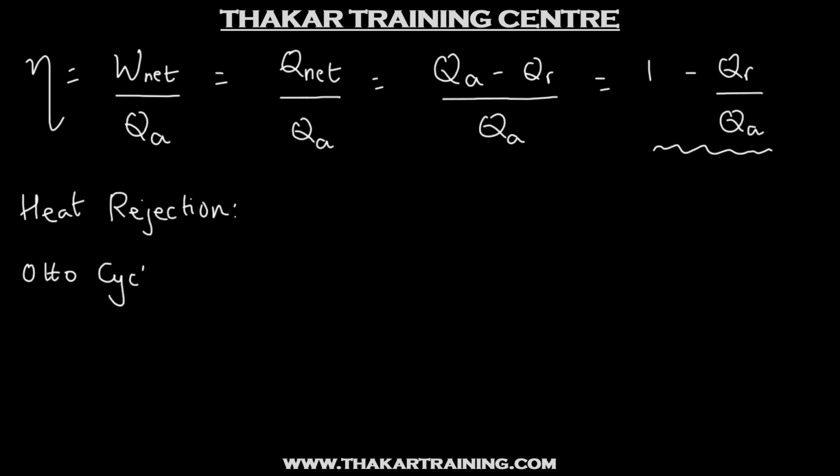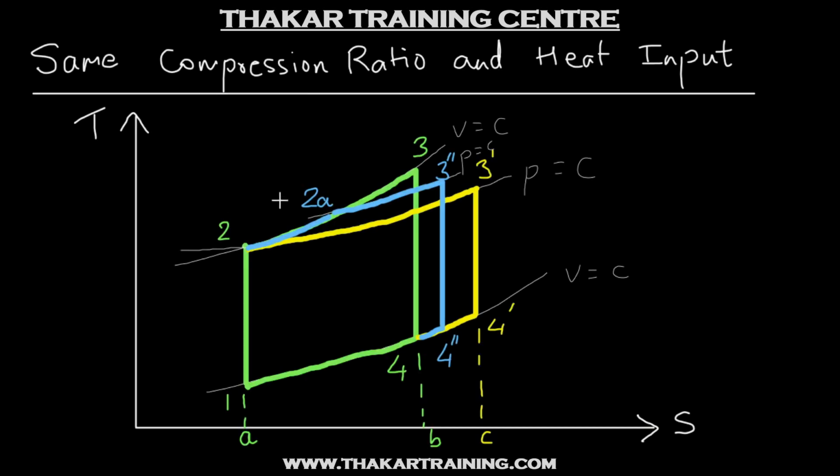So this is first for the Otto cycle, diesel cycle, and dual cycle. Alright, we'll see what the different areas are. So what is the heat rejection for the Otto cycle?